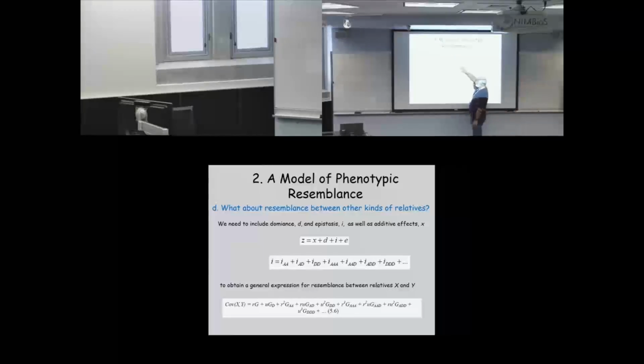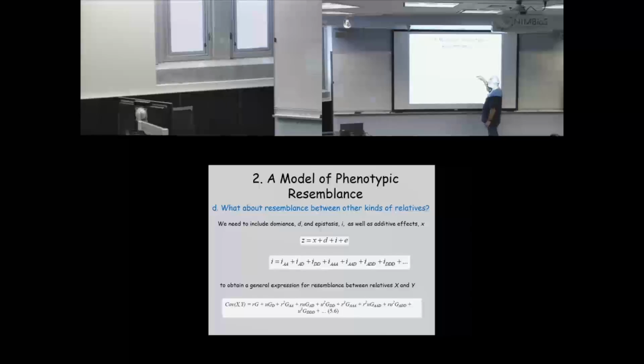So if we have a model like this in which we've already talked about dominance deviations, this is the sum of those dominance deviations that Joe talked about across loci, just like X is the sum of the additive effects across all loci. Similarly, I represents the contribution of epistatic interactions between pairs of loci. This is Cockerham's formulation in 1954.